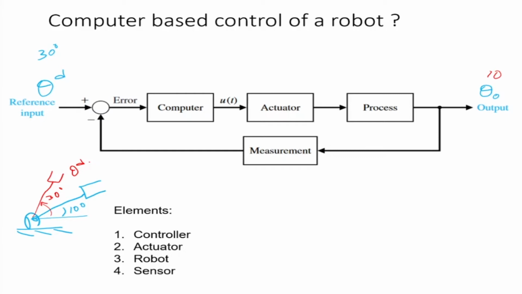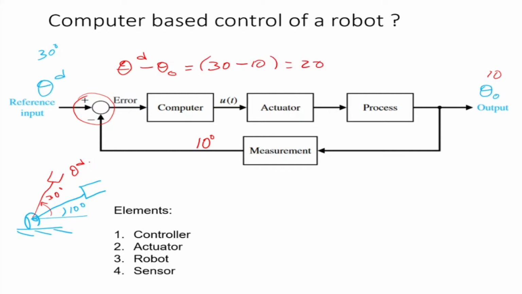Now you can see what is happening: the sensor is measuring the present position of the link, and it is giving it back. It is saying that this is 10 degrees at present. Now theta d is 30, so this comparator here does theta d minus theta out, and it says it is 30 minus 10, which is equal to 20.